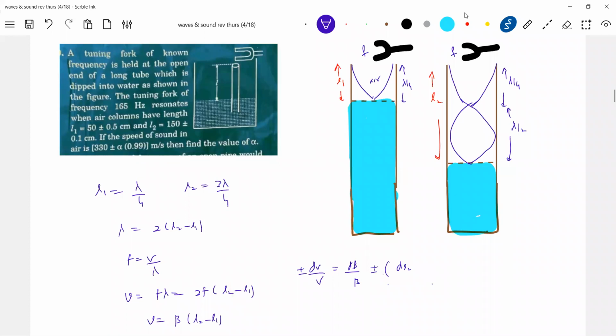dL2, dL1. Any method you go for error, this quantity will be 0, and this should be only positive.